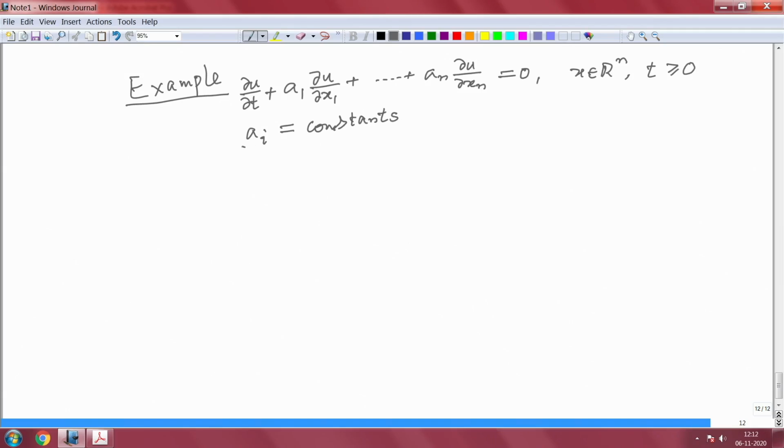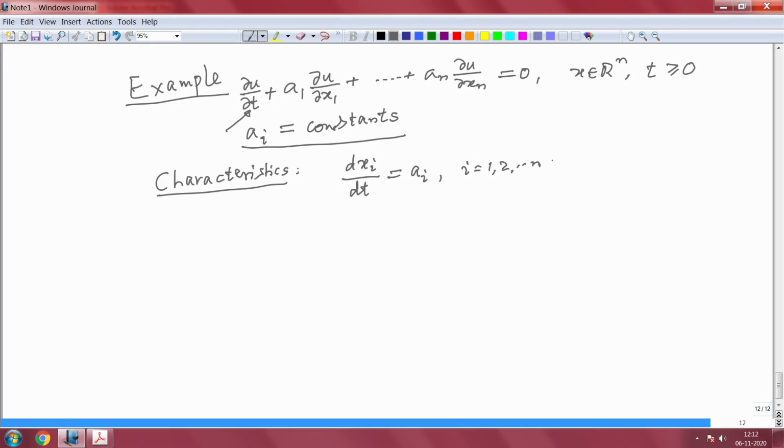And let me use the variable t itself for the characteristics. So, dx i by dt is equal to a i. And the t variable is there.